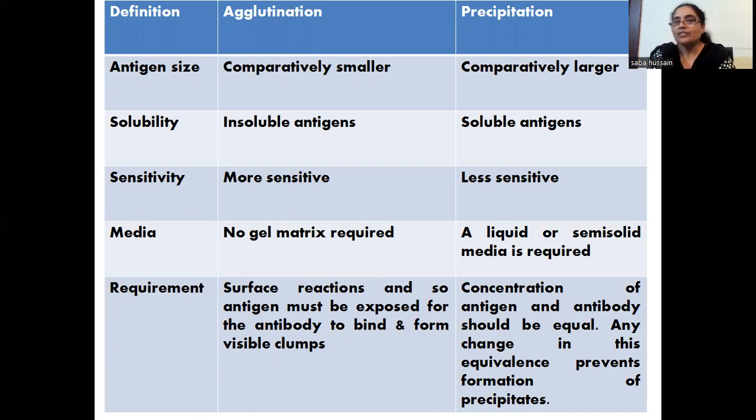While in case of precipitation reaction, concentration of antigen and antibody should be equal. I have explained that very nicely in my previous video, in which I talked about precipitation. Those who want to know the mechanism of precipitation and how equal volumes of antigen and antibody are needed for precipitation test, you can go and see that video.